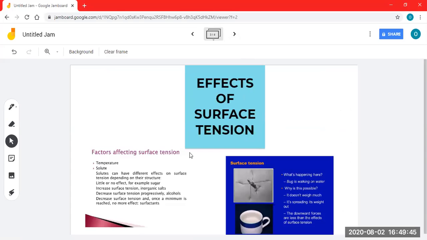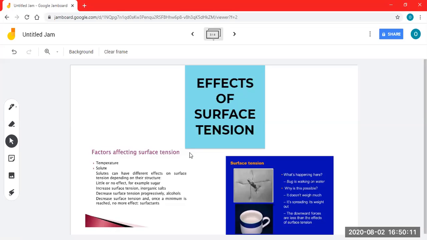Some have little or no effect. For example, sugar increases the surface tension in water. When you put sugar into water, it increases the surface tension. Inorganic salt decreases it. So we're still going to be looking at ways of reducing surface tension.